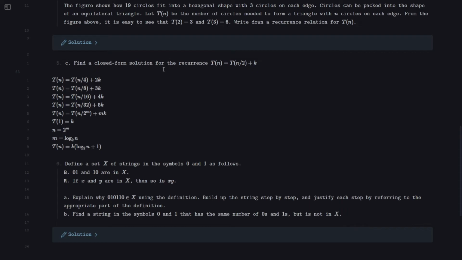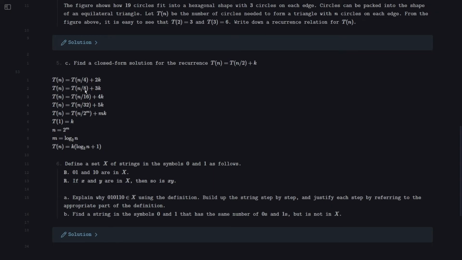So the t of n over 2, according to this rule, is going to be t of n over 4 plus k. So we can substitute t of n over 2 with that to get t of n over 4 plus k plus the previous k that we had, to get 2k. And then we do that again: t of n divided by 8.